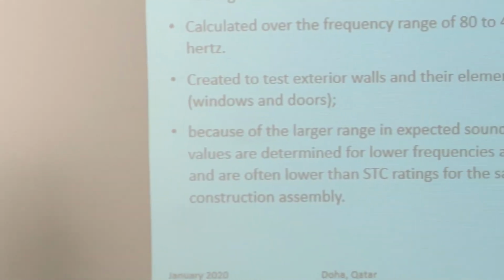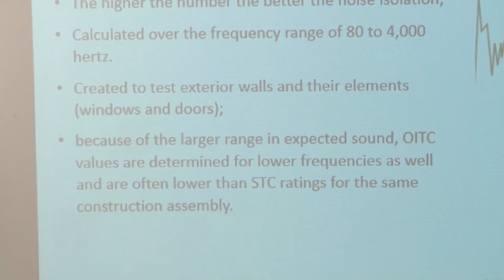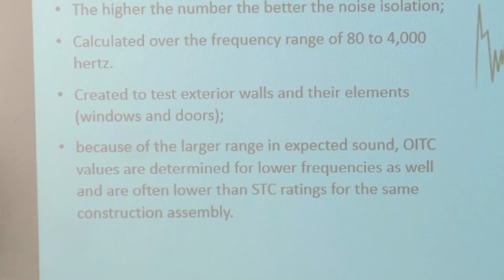Because of the large range of expected sound, OITC values are determined for lower frequencies as well and are often lower than the STC rating for the same construction assembly. So you can see that the OITC rating for the same assembly will be lower than the STC rating. Many standards tell you that a minimum should be 53 OITC. For example, in classrooms, it should be 53 OITC. And considering that this is lower than STC, the same assembly would have, for example, 55 or 56 STC rating.